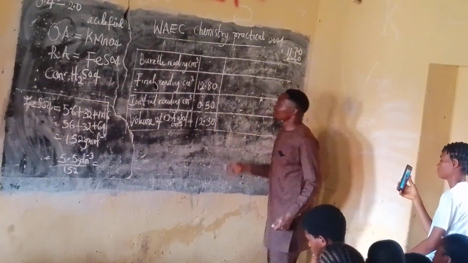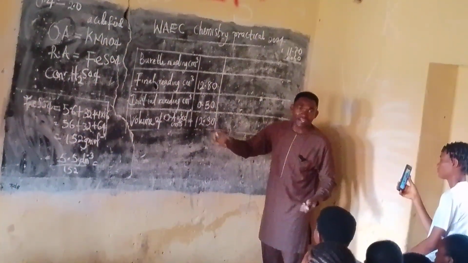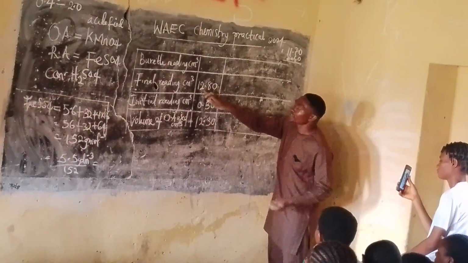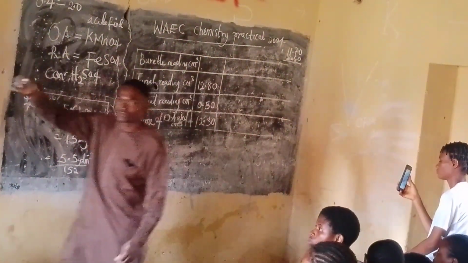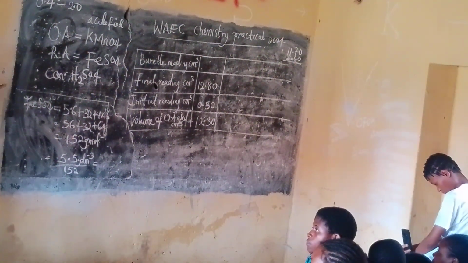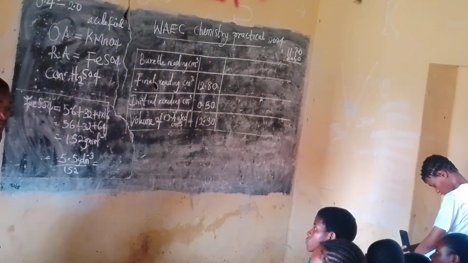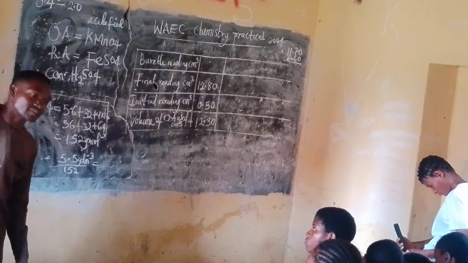Then now, I can refill and start from any place. The capacity of this burette is 50. So I can start from where it stopped because it's just 12.8. But once you enter 20 something, if that's your end point, always refill.